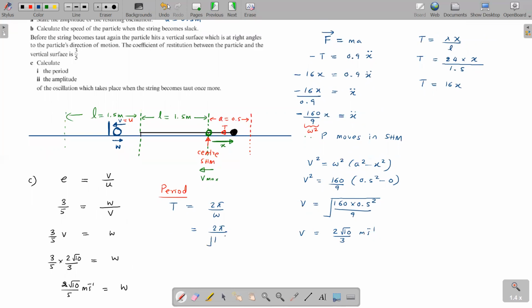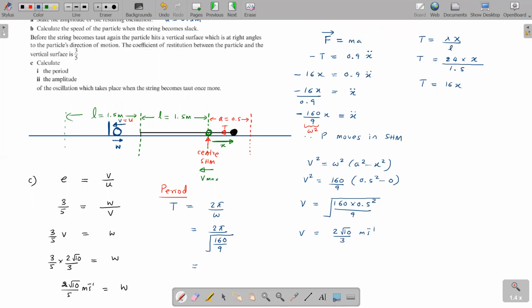Can I have the simplified answer? So 2 over root 160 over 9.